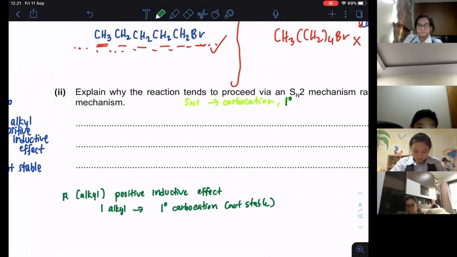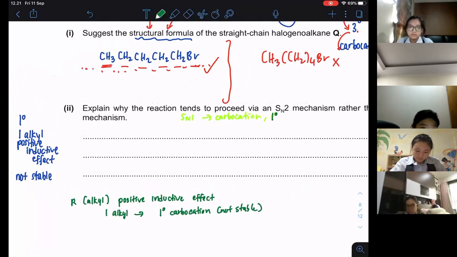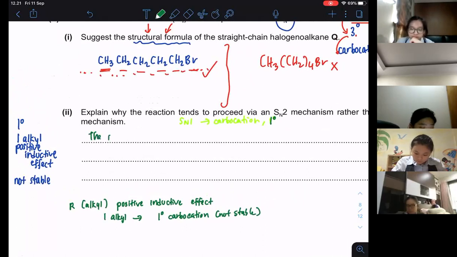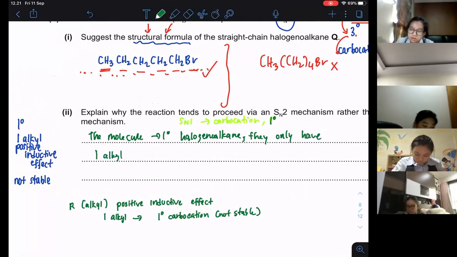So to explain why, you can say that the molecule is a primary halogenoalkane. If it is a primary halogenoalkane, they only have one alkyl group, and this one alkyl group will have less positive inductive effect towards the carbocation.